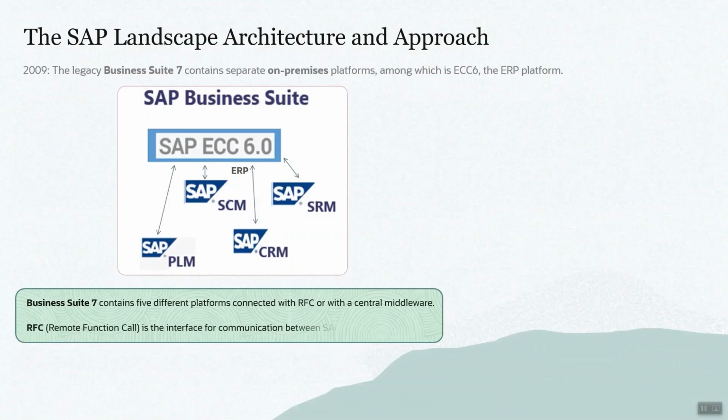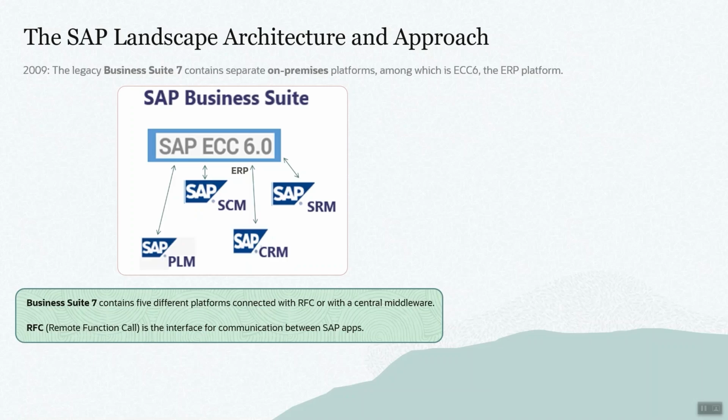The SAP architecture approach, the one you've been working with, is different from the Oracle Cloud. Since the 90s and early 2000s, SAP launched different on-premise platforms such as SAP Enterprise Resource Planning, SAP Customer Relationship Management, SAP Supplier Relationship Management, SAP Supply Chain Management, and SAP Product Lifecycle Management.